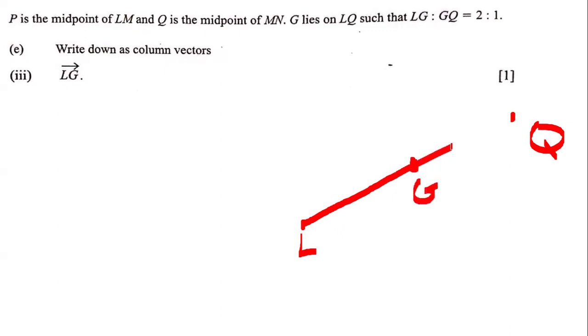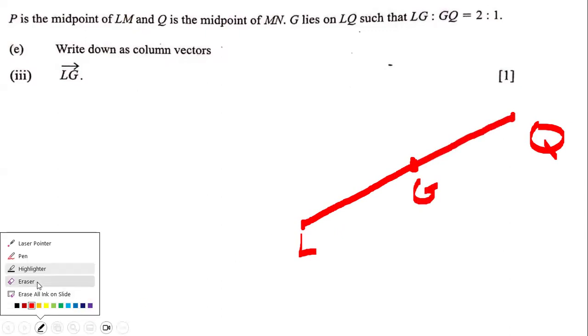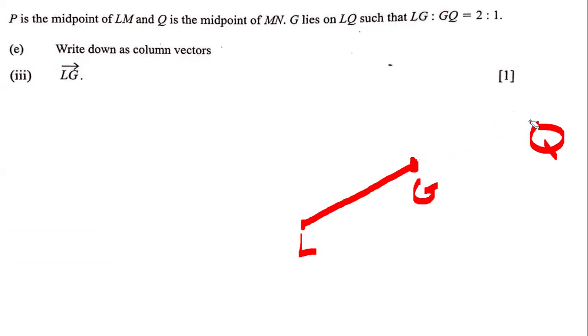I need to do this a little better than this. So let me erase this. Let me put this. So let's say that this is L, and this is Q. So G is going to be, like they said, on this point.